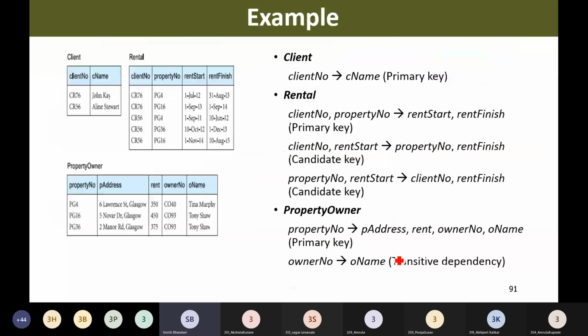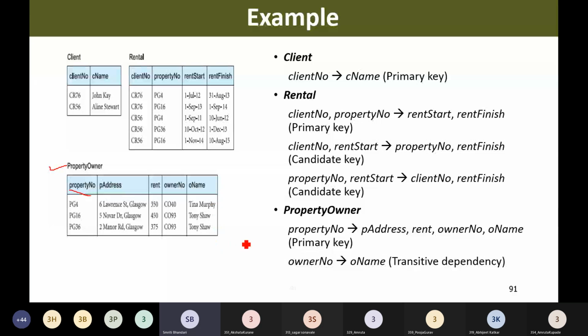But now if we observe this decomposition in 2NF, if we look at this relation property owner, then what is the primary key for this property owner? The primary key is property number. So property number is determining property address, property number is determining rent, property number is determining owner number, and also property number is determining owner name. Right?